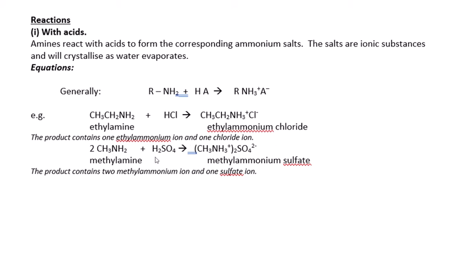With dibasic acids or diprotic acids like sulfuric acid, you would need two of the amines, so two methylamines would react with one sulfuric acid, and then the formula of it would be CH3NH3+, so each molecule would have an extra H+ added on to it, and then two of those would sit against the sulfate ion, SO4 2-. So again, (NH4)2SO4 would be ammonium sulfate, and that's a little bit like that, but with a methyl group, so methylammonium sulfate.